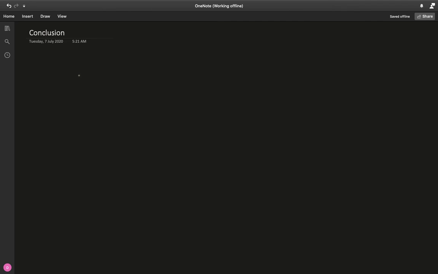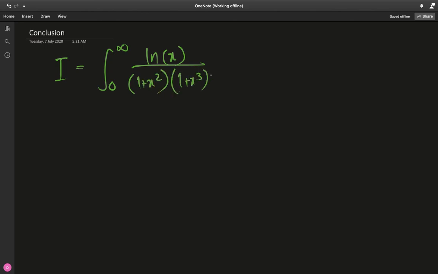So now finally, just to put everything into a grand perspective, we had I originally defined as integral from 0 to infinity of natural log of x over 1 plus x squared times 1 plus x cubed dx. And if we perform partial fraction decomposition on the original upper and lower bounds, this was diverging. So we used one of the three observations of when we obtain divergent integrals when we should not.